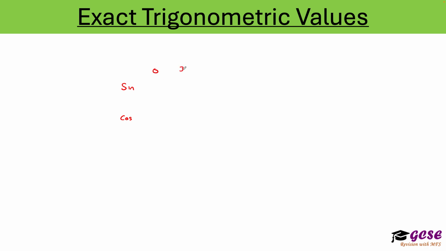So 0, 30, 45, 60, and 90. Okay, so you need to know what sine 0 is, sine 30, sine 45, sine 60, sine 90, and then cos 0, cos 30, cos 45, cos 60, and cos 90. Okay, and you could be asked a question in an exam, but you need to know what each of these values are. Okay, so we're just going to draw ourselves a table.